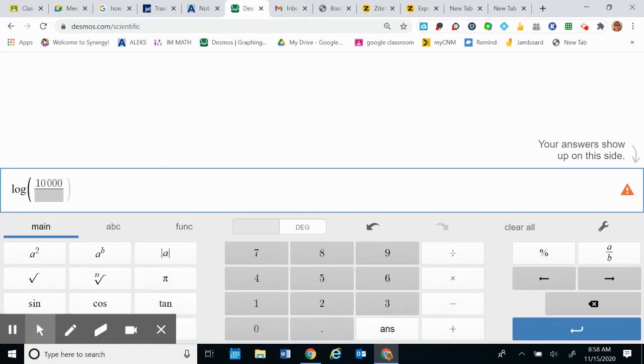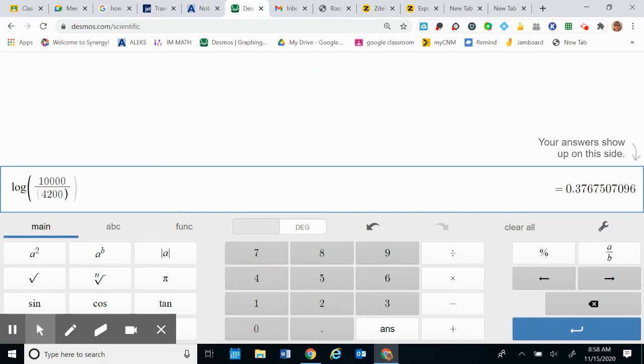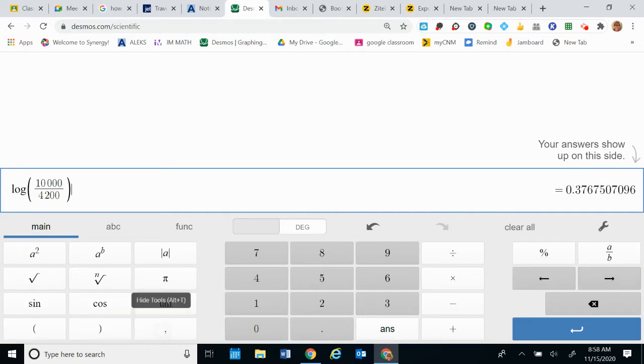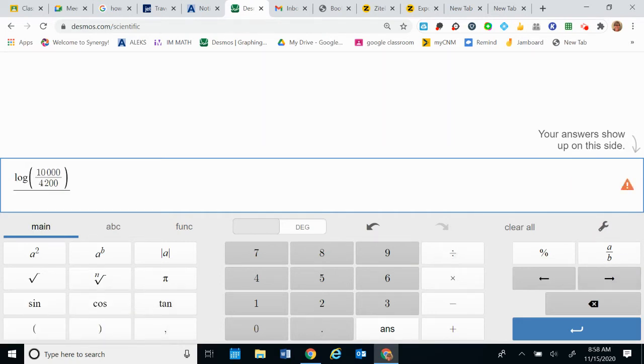And on the bottom, we're going to put 4,200. Okay, close parentheses. And then we hit divided by, there we go, log 1.07. There you go.